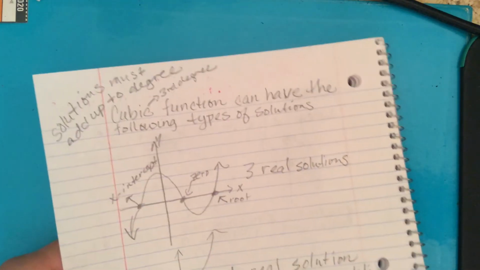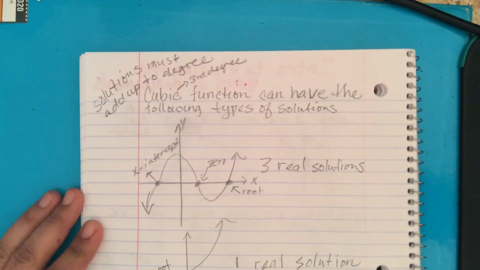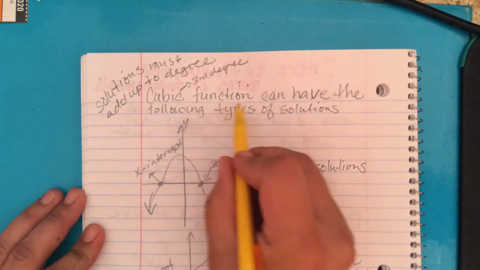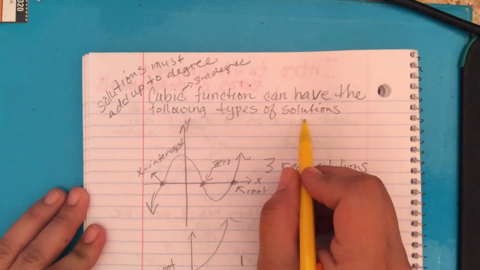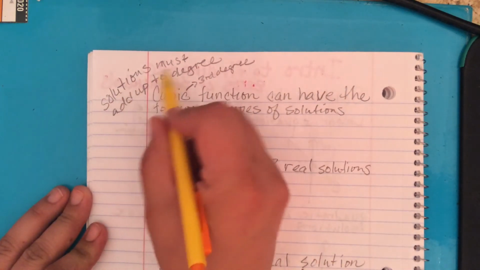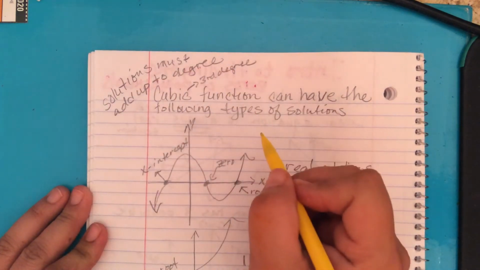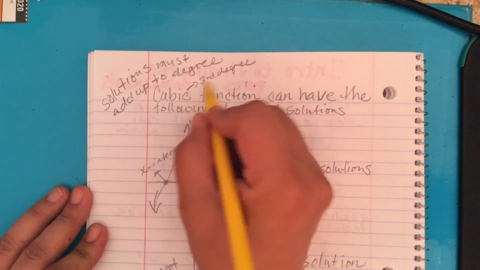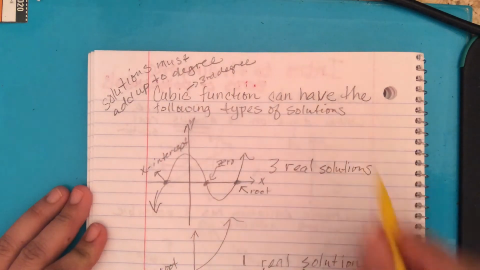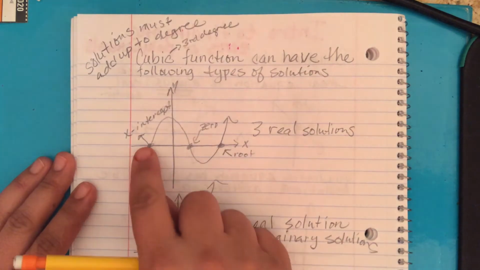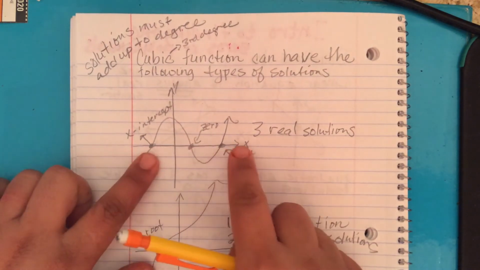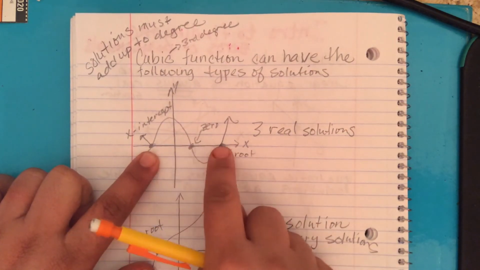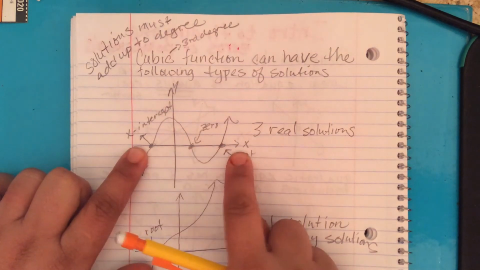As you get bigger, a cubic function can have the following types of solutions. Now, the solutions must add up to the degree. So if you have a cubic, which is third degree, then you should have three solutions. You can have three real solutions, which means you can see on the graph that they're crossing the x-axis.